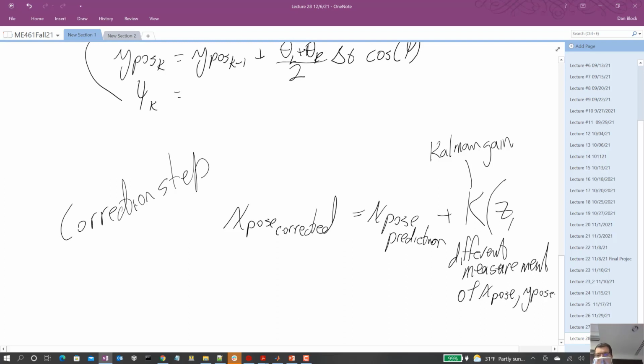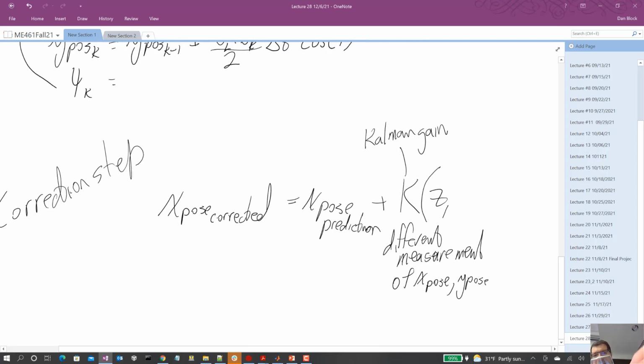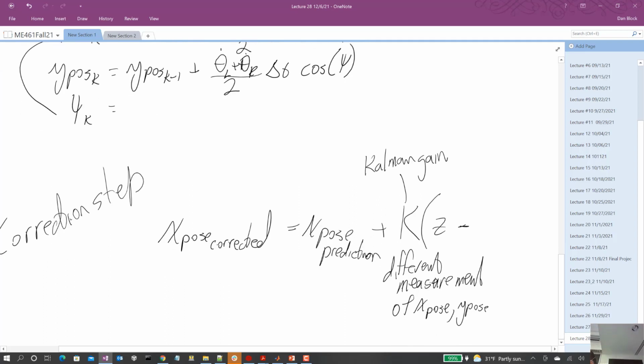So Z would be a vector of two things. Again, I'm ignoring bearing right now just to make this a little bit less to write down. And so it's K times Z minus our X pose prediction, minus this same thing, X pose prediction.